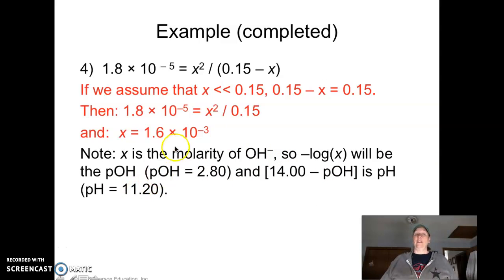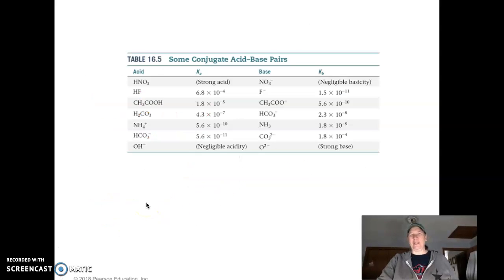Or you can take 1 times 10 to the negative 14, figure out that answer, and then take the log of that number. Either works, but honestly, it's easier just to take the log of this number, and you get 2.8. That's the pOH. So if you want the pH, take 14 minus 2.8, and you'll get 11.2. That's the easiest way to do it. I'm always about easy.